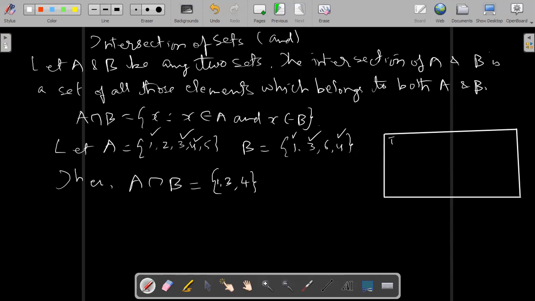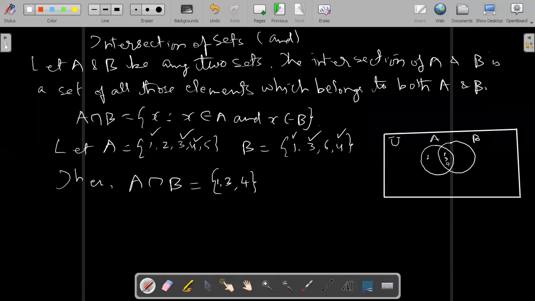So for A intersection B, you will draw set A and this is your set B. What are the common elements? 1, 3, and 4.